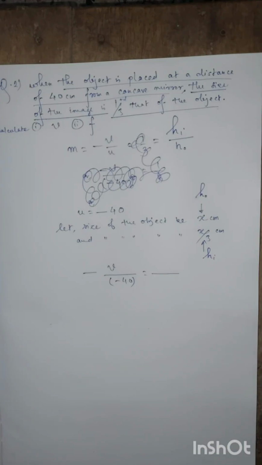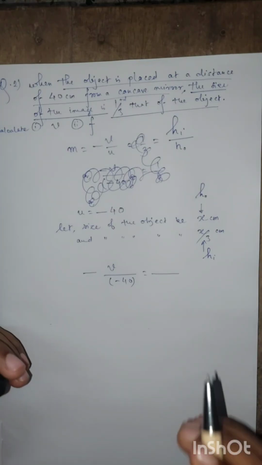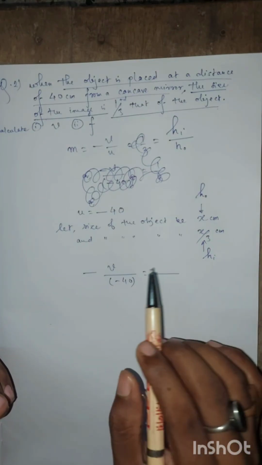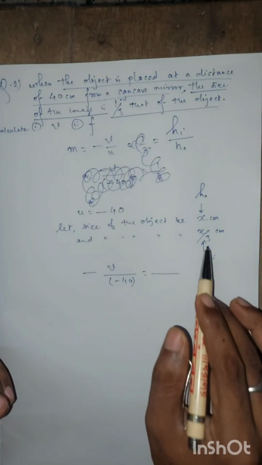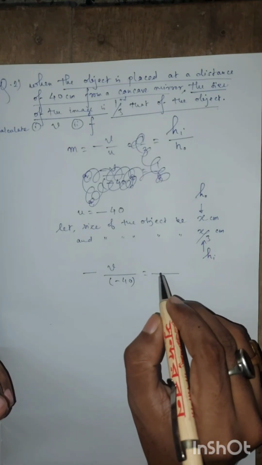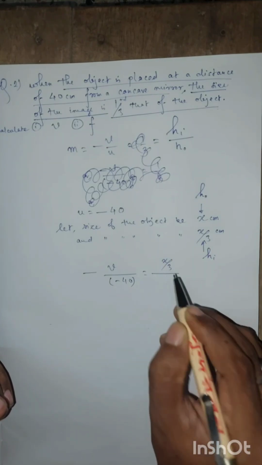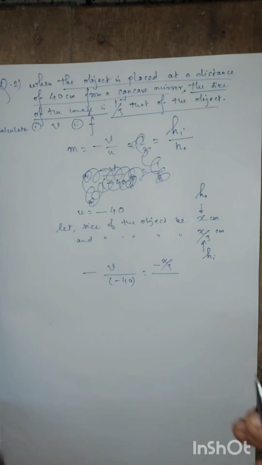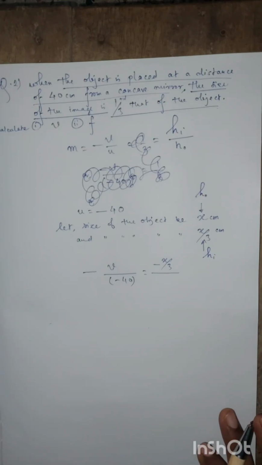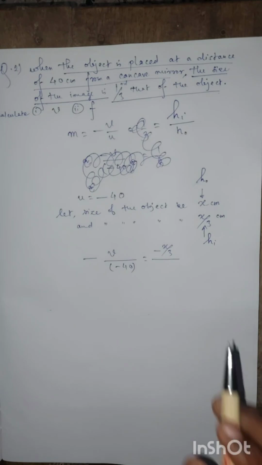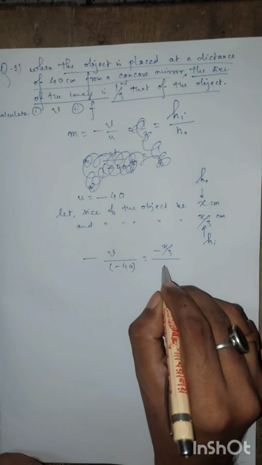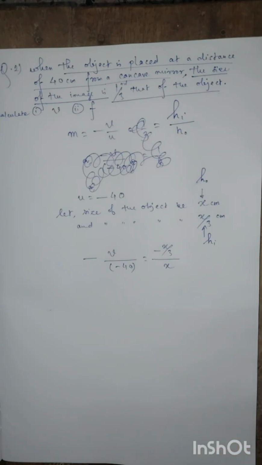So height of the image, x by 3, should be taken negative because it is measured below the principal axis, and height of the object, x, should be taken positive because it is measured above the principal axis.